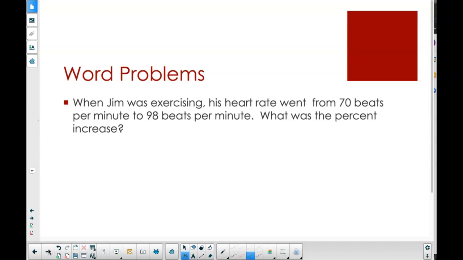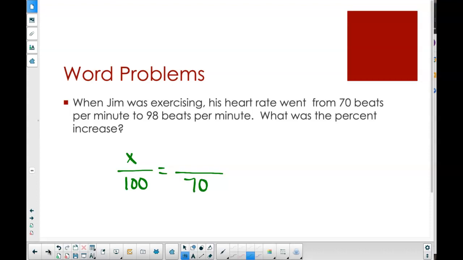Okay, so we're going to set up our proportion. Do we know the percent? No. So x over 100. Do we know the original amount? What did his heart rate start at? Brooklyn. 70 beats. So 70 is the original.